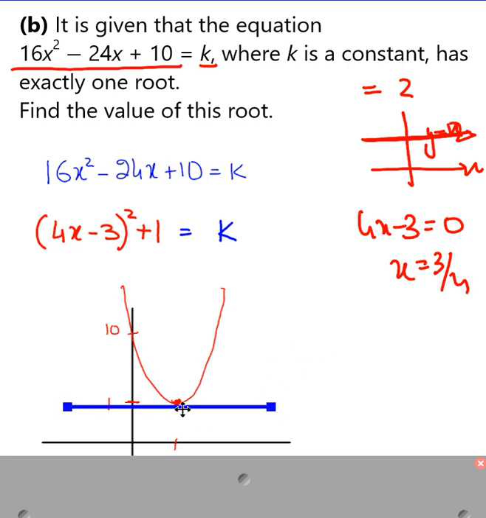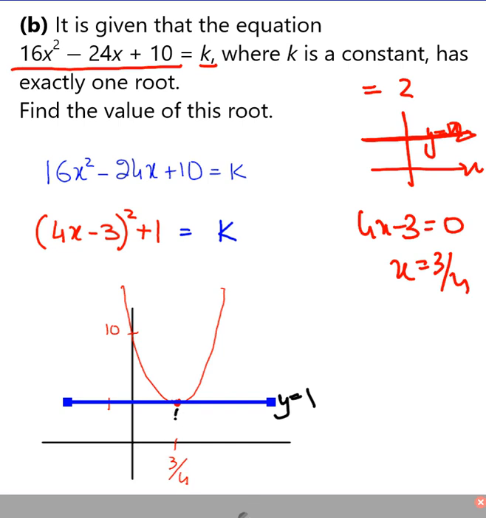Okay. So now this line will touch the curve only at one point. So I can call it k is equals to 1. Because the equation of this line will be y is equals to 1. Agreed? So the equation of this line is y is equals to 1. So it means k is equals to 1 and x is the root, which is 3 upon 4 at this point.